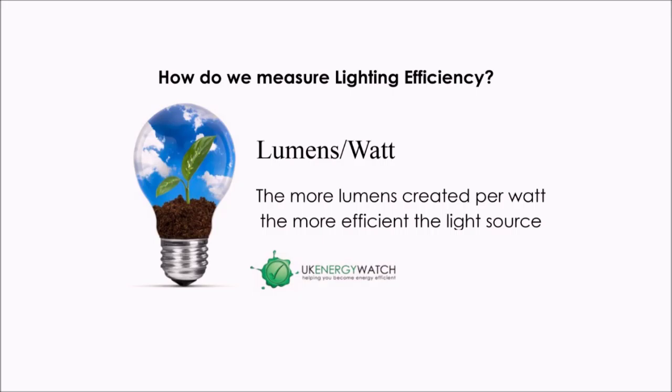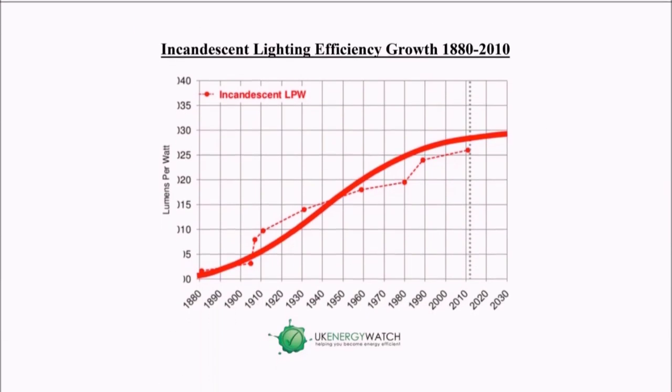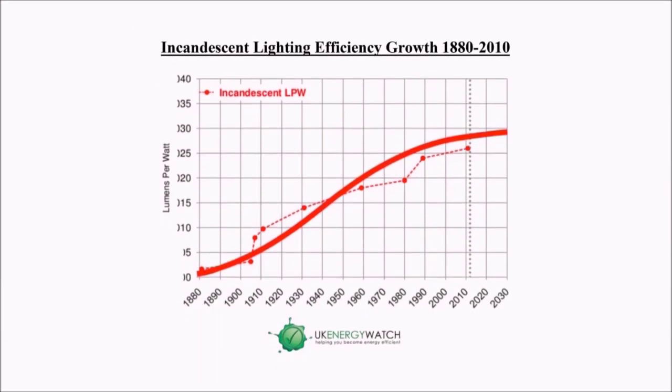The way we measure the efficiency of a light source is by looking at the amount of lumens the light source creates compared with the amount of watts it takes to produce that energy. Lumens is a way that we measure the amount of light coming out, and watts is the amount of power it's using. So essentially, the more lumens we create per watt, the more efficient the light source.